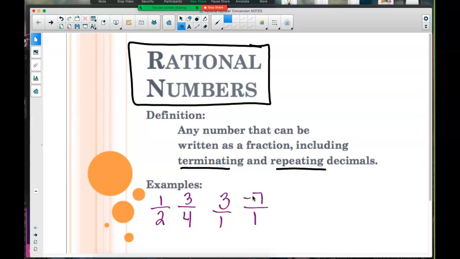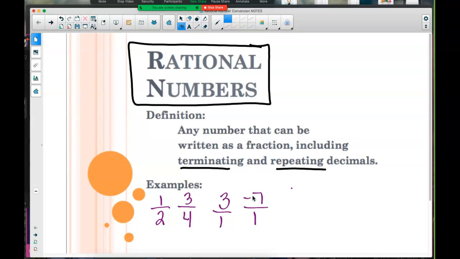Okay, then it also says terminating and repeating decimals. What's a terminating decimal? What does it mean to terminate? Like the Terminator, have you ever seen that movie? I'm sure you've heard of it, Arnold Schwarzenegger. Okay, it means to end. Terminate means stop or end.